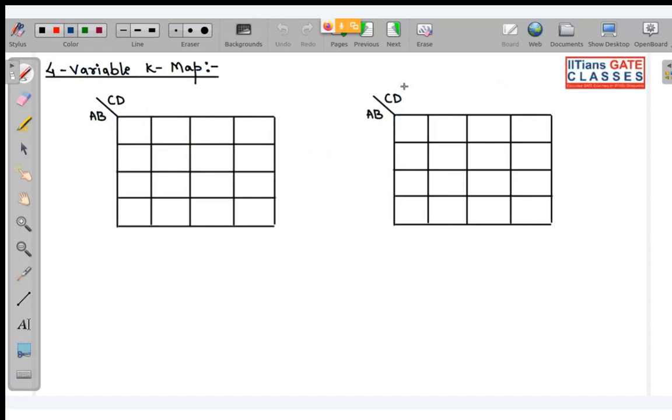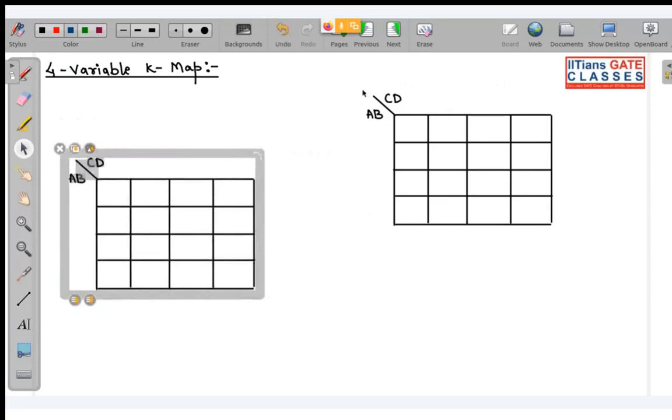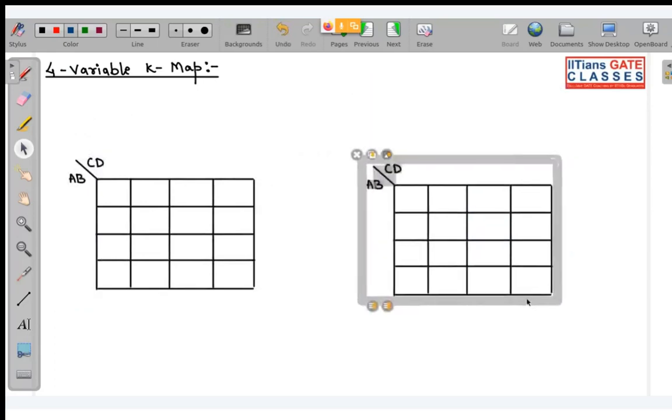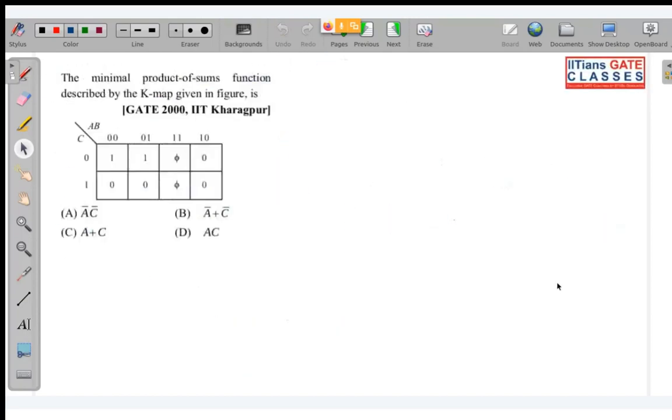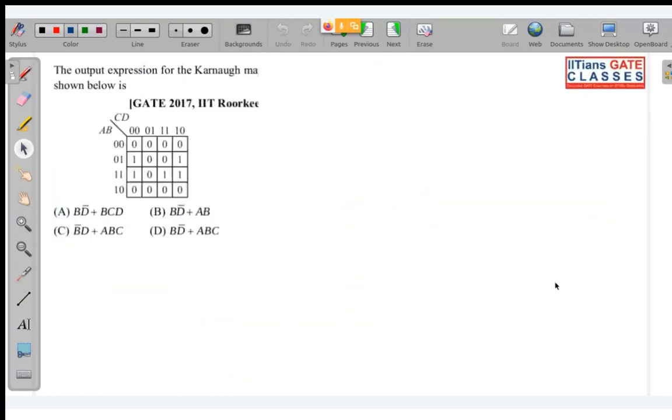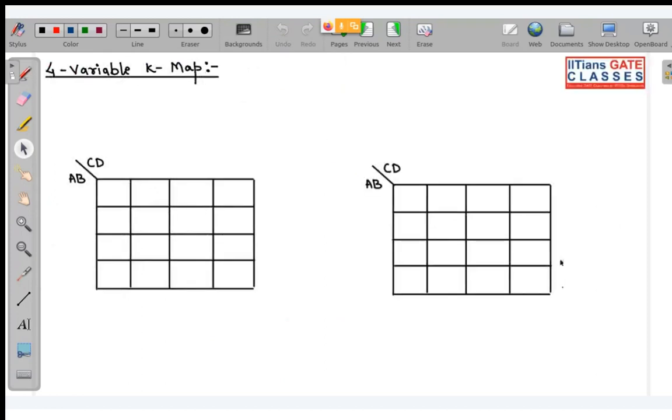So in the 4 variable K map, look very carefully. I have examples, yes. So look. How am I going to make combinations of AB?